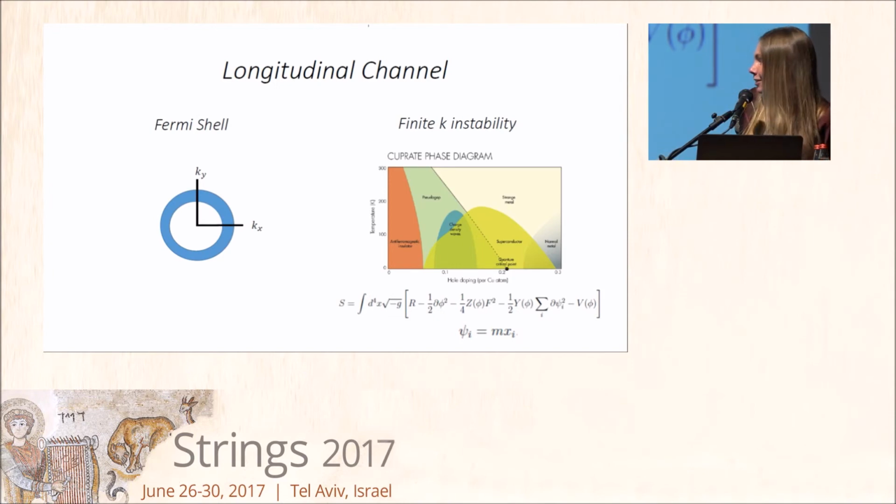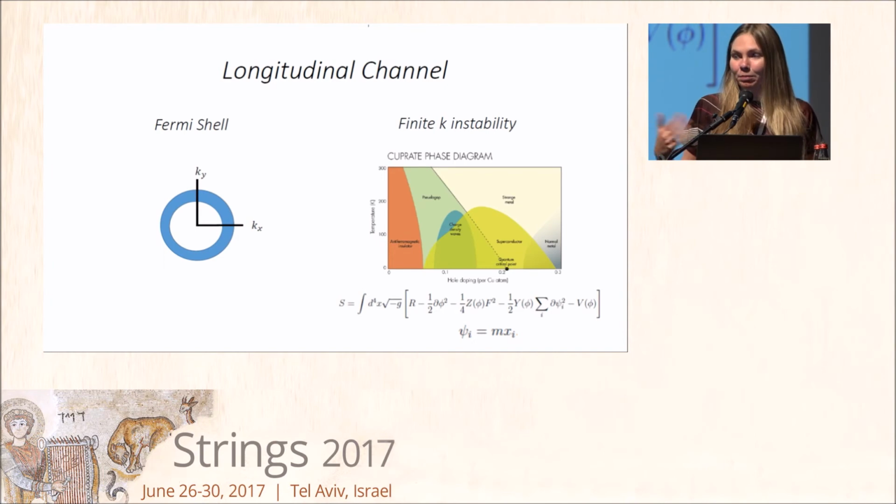And motivated by this wonderful cuprate phase diagram, particularly this charge density wave phase, you might say that perhaps the true ground state of the theory is a spatially modulated phase. And in order to check this rigorously, you would have to probably construct such a bulk spacetime via numerical methods.